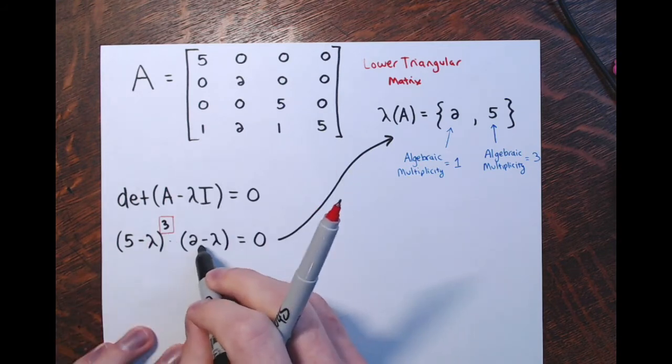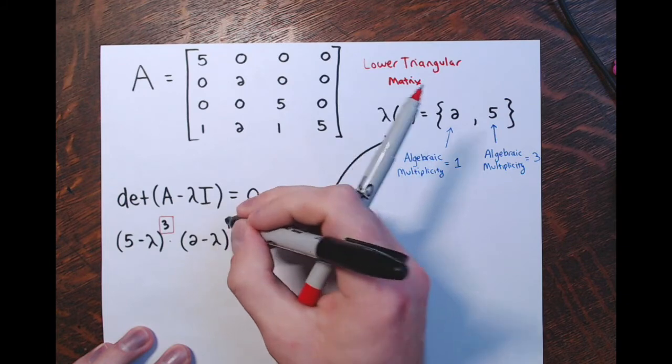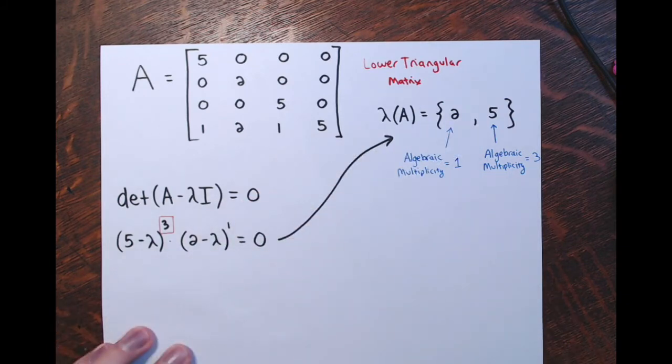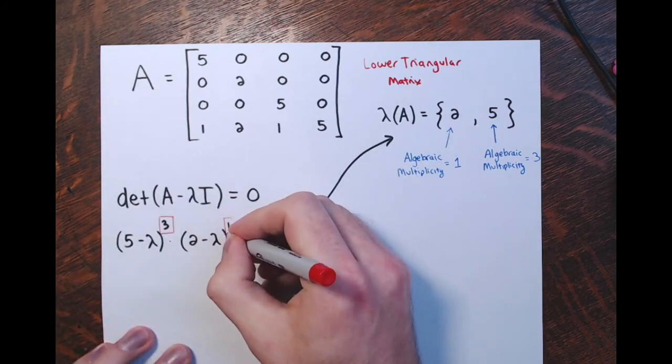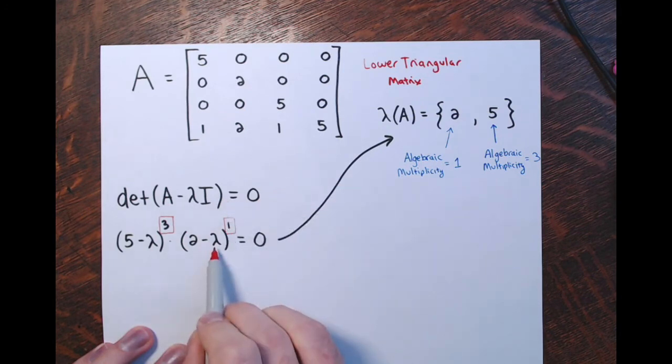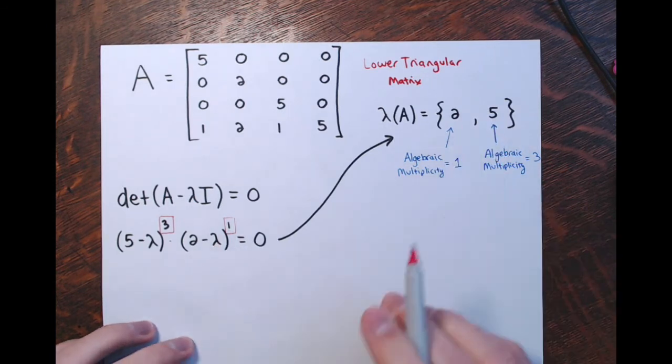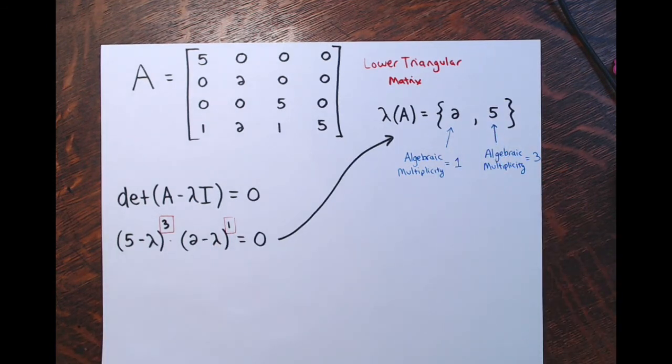And then the power on 2 minus lambda is just 1. It's only one factor, so the algebraic multiplicity of lambda equals 2 is 1. Again, it's just the number of times it repeats as a solution to this characteristic equation.